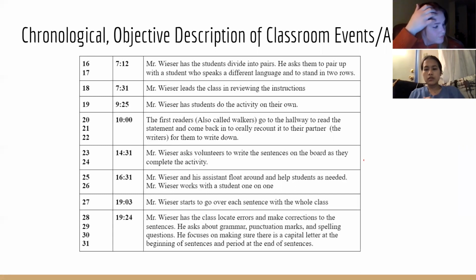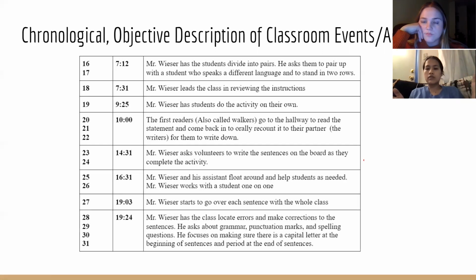In this section, the teacher, Mr. Weiser, asked students to get in groups of two, in pairs. One of them would be a walker and the other a writer, and at the end they switch positions.